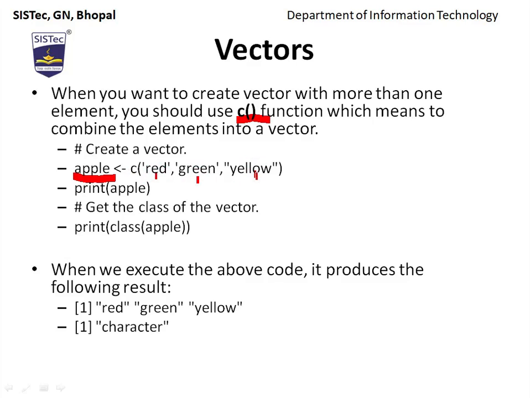I use 3 colors. Then I print apple and I also check which data type is gained by this apple variable, so I print class of apple. As far as the result is concerned, this code will result in red, green, yellow, and the type of apple is character because it stores the values of colors, that is string values.